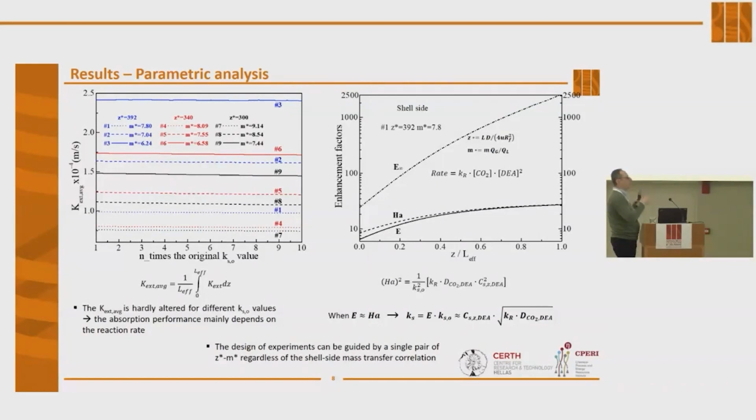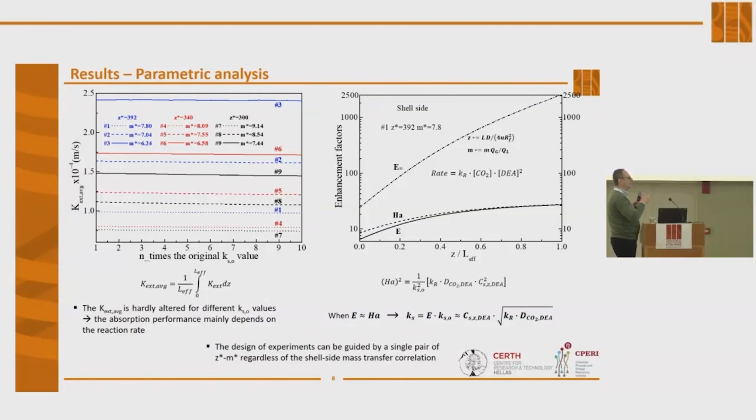So with this observation, which is valid for all experimental sets, we can have a say on the experiment design by a single pair of Z star and M star.